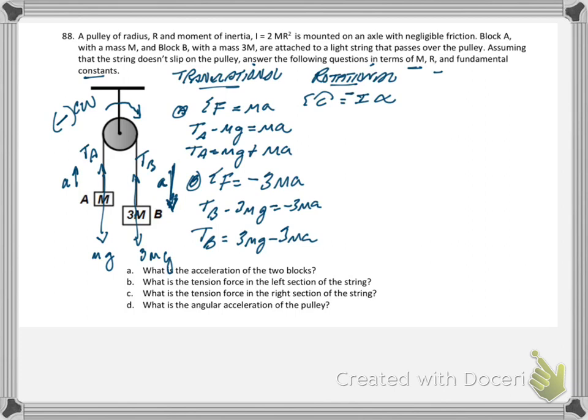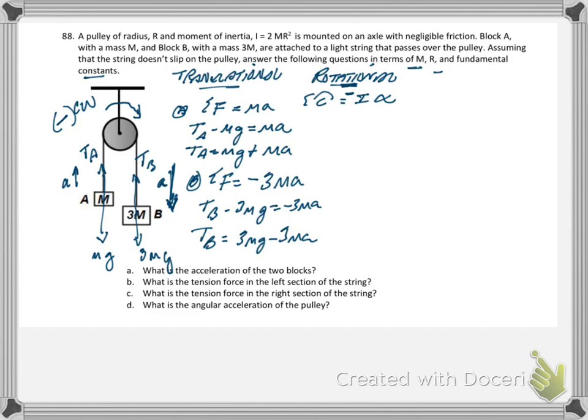So we have to put a negative sign in front of the mass acceleration quantities. What we need to do is convert these rotational quantities into their translational variation.